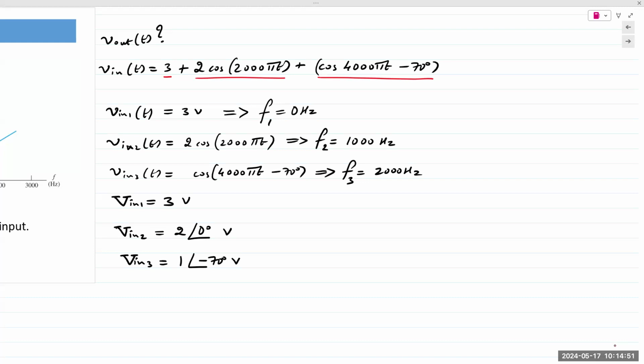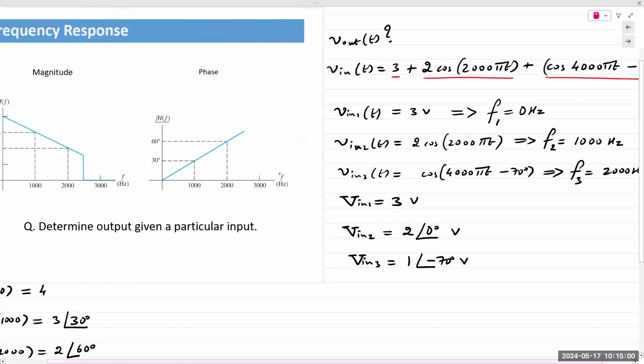Okay, so we have three quantities, V in 1, V in 2, V in 3. We extract the information about the frequency in hertz because our charts are given as a function of frequency in hertz. If they were given in omega, we would need the information for omega.